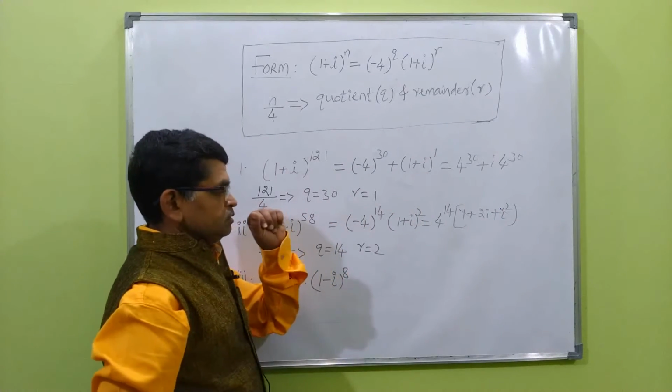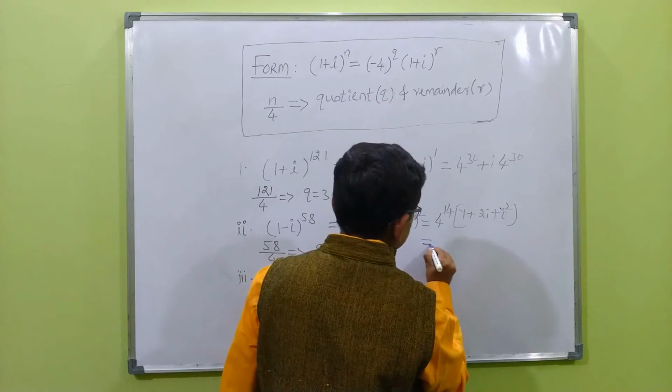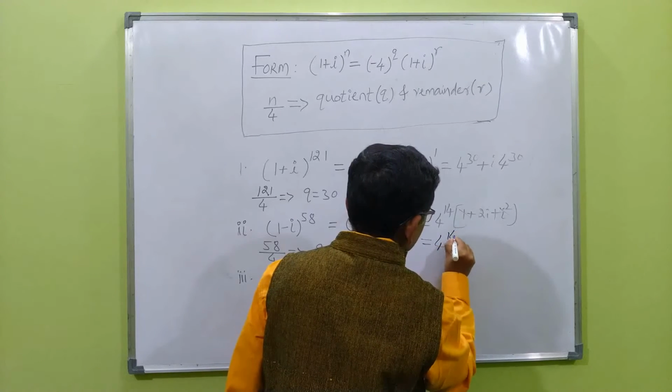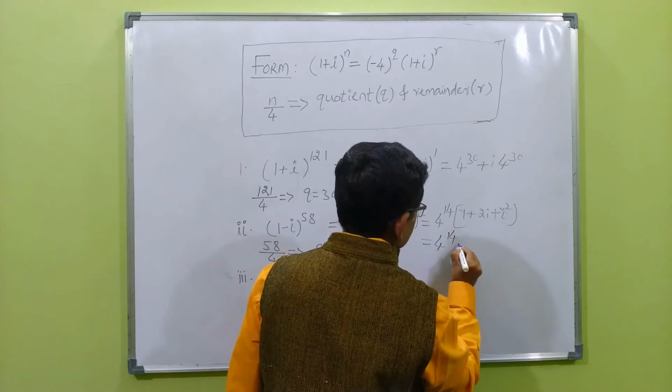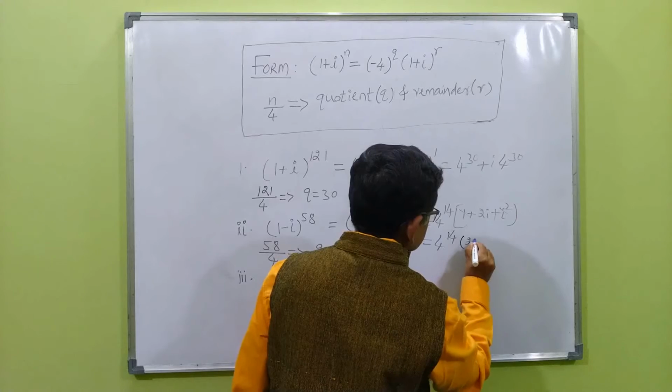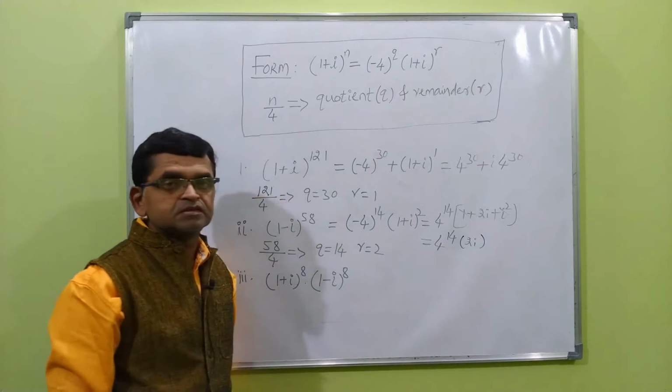So what remains is 4 to the power 14 into 2i. So this is the answer.